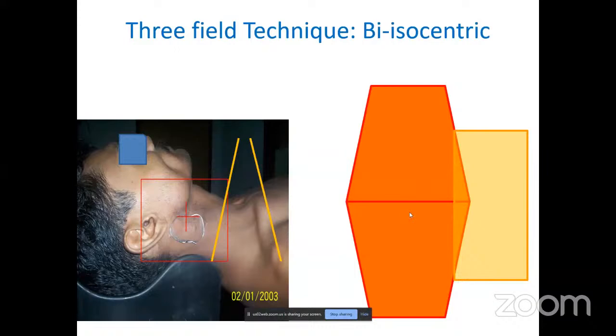And as I mentioned before, there is a higher chance of a hot spot over the spinal cord and larynx. It is important to put a laryngeal block. This laryngeal block is made to block spinal cord dose, so that we can avoid this kind of hot spot over the spinal cord and midline structures.